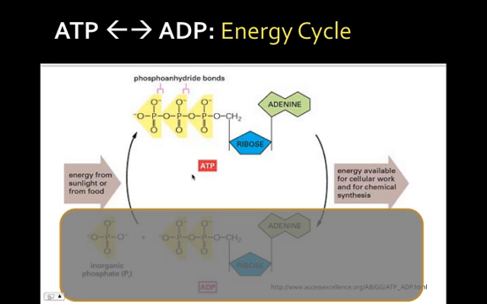In this top graphic, you'll see that there's 3 of these PO4s, and again they're all negatively charged. The rule says that opposites attract and like charges repel, and so they don't want to be too close to each other. So that's what ejects that 3rd phosphate off there. And when that's ejected, then it is allowing the energy that's released to do cellular work.